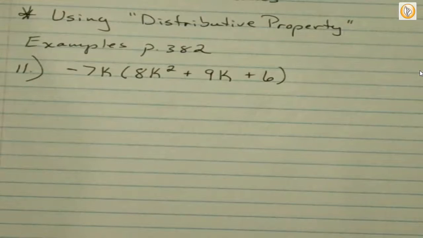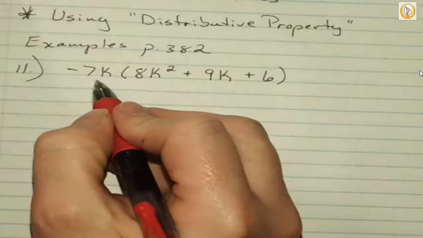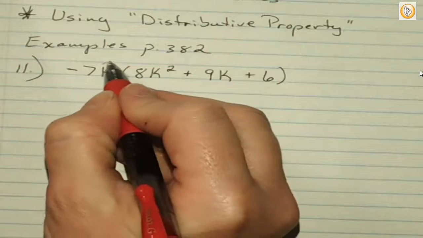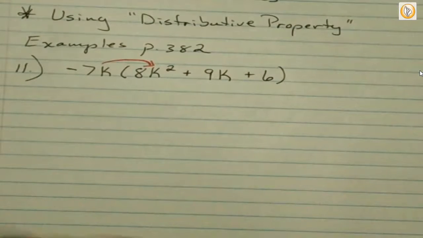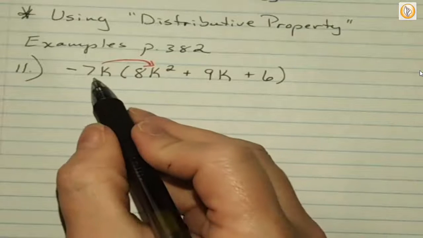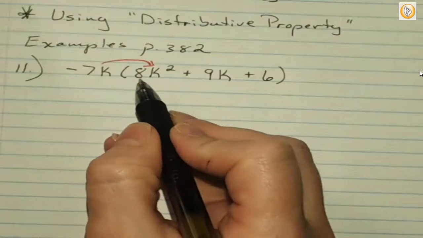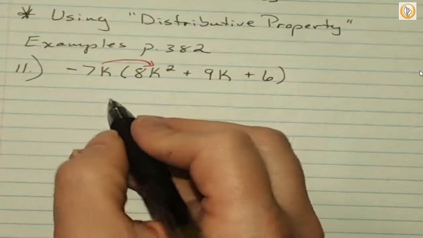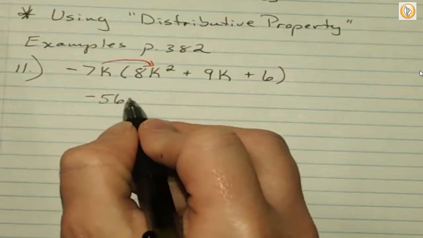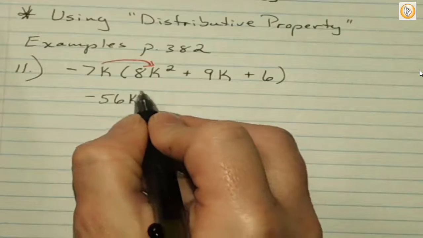That's all we are doing. So we're multiplying negative 7k by this. What would that give me? Michael, negative 7k times 8k squared. K to the power 3.